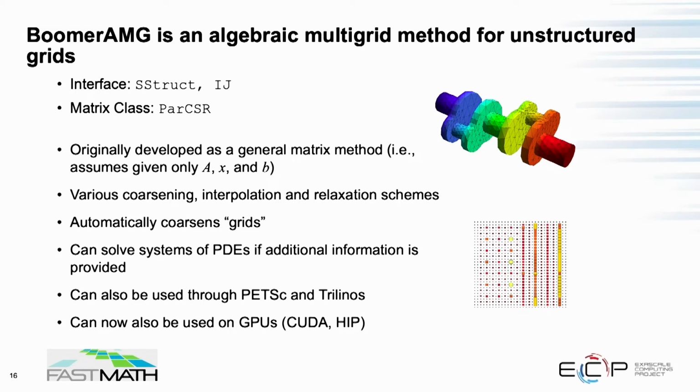You can choose the different coarsening, interpolation, and relaxation schemes. There are a lot of knobs to adjust, but the default values have been chosen with care to generally work well for most problems. It can also be used through PETSc and Trilinos, and it also has GPU support.